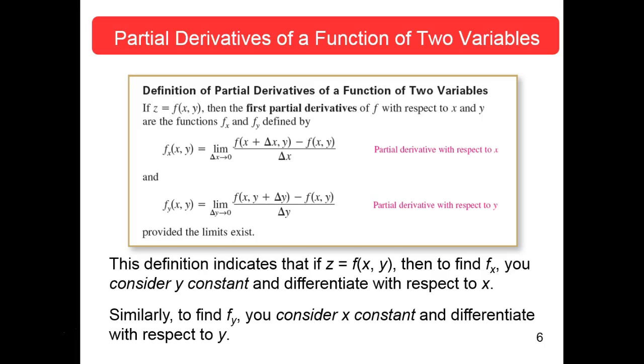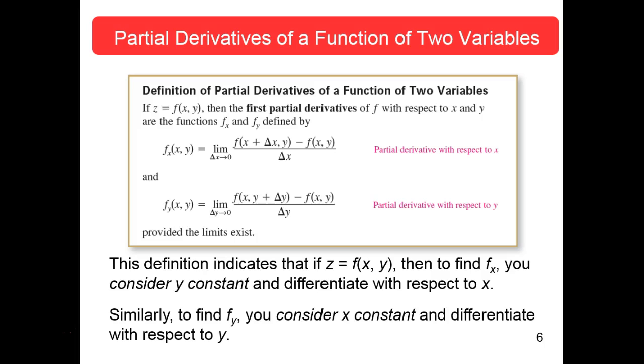It's the limit as delta x approaches 0 of f of x plus delta x, y minus f of x, y. Notice we don't let the y change. It's not changing. It stays y. x changes. It goes from x to x plus delta x. And that's what we're dividing by there. So that's the partial with respect to x. Partial with respect to y, partial of this function f with respect to y, but f is a function of both x and y.